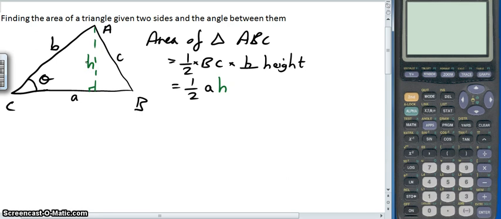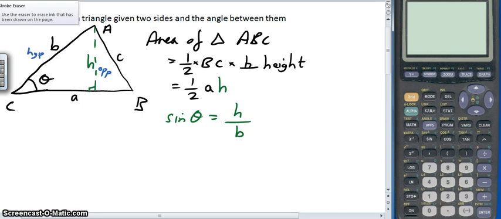Let's pretend we don't know anything about that, but we do know this, that we now have a triangle which is right angled, with an angle theta in it. So what we can say then is that sine of theta equals the opposite, H, over the hypotenuse, which is B. Okay, so here's my angle, there's the opposite, and there's the hypotenuse of the right angle triangle.